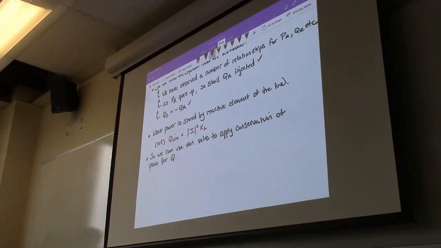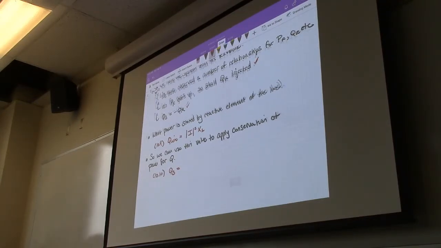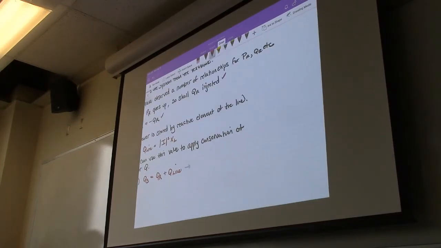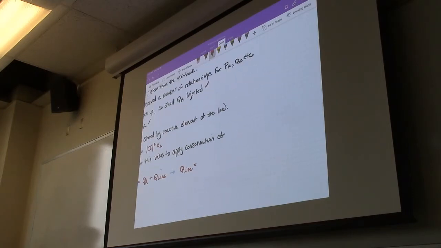And what we end up with is 10.10, which says QS is going to be equal to QR plus Q line. And if we rearrange this, we can actually calculate the value for Q line, and that'll be equal to QS minus QR.